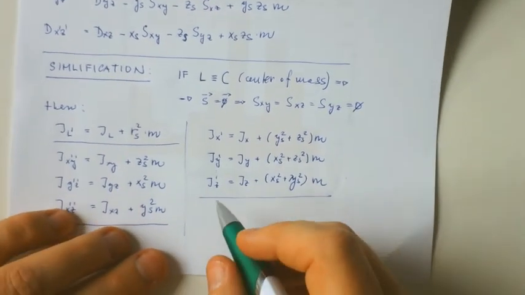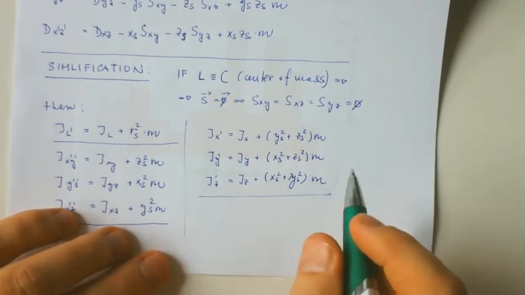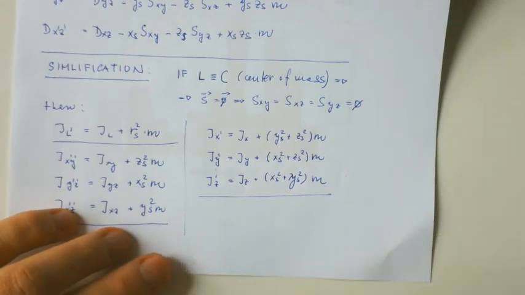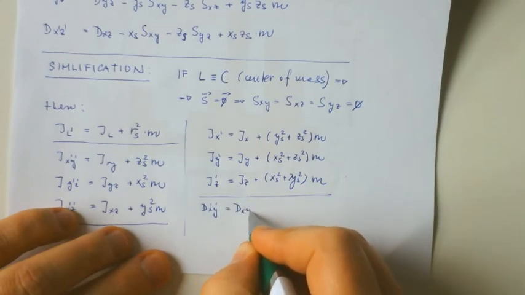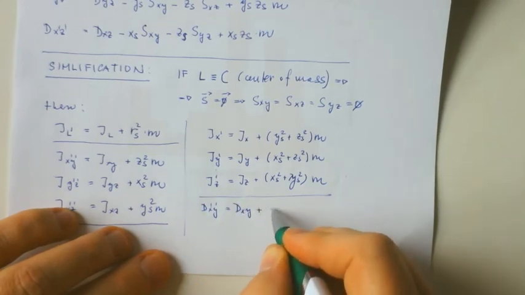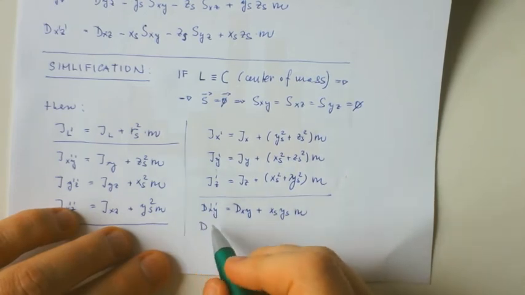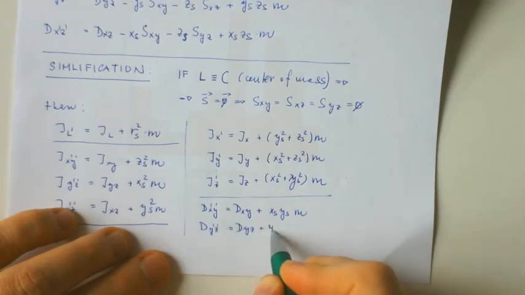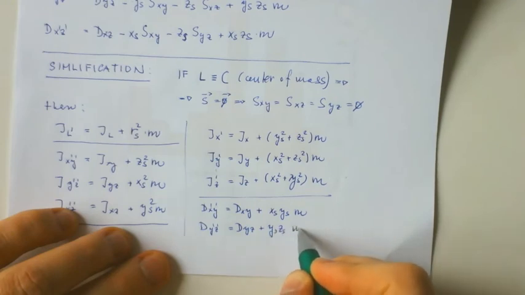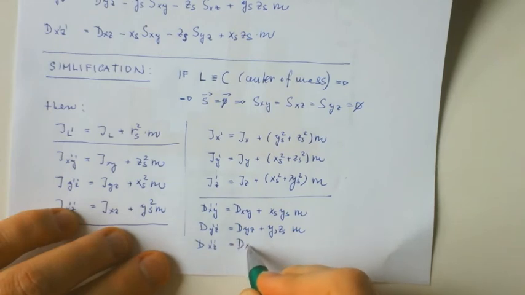And finally Dxy prime is Dxy plus xs ys m, Dyz prime is Dyz plus ys zs m, and Dxz prime is Dxz plus xs zs m.